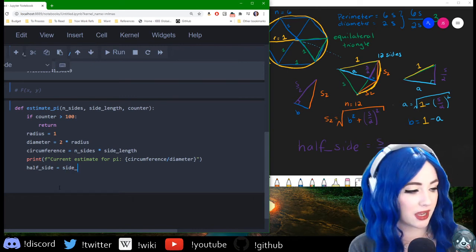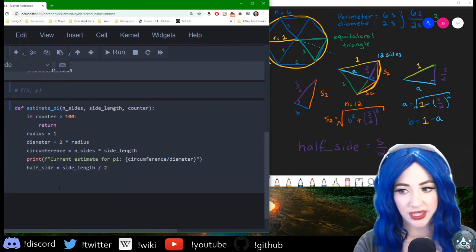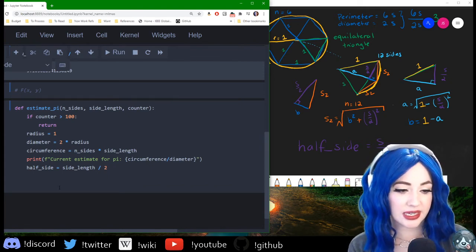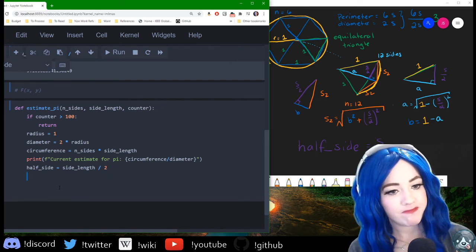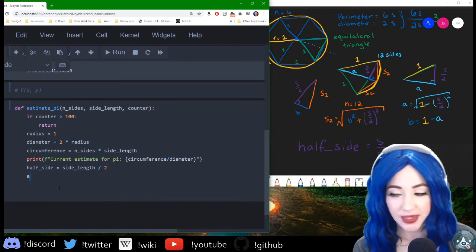So this is going to be our side length divided by 2, right? Our half side, S over 2, side length. And yes, Trixon, the counter will be incremented. And let's see, what else do we need? We need A. How do we define A?